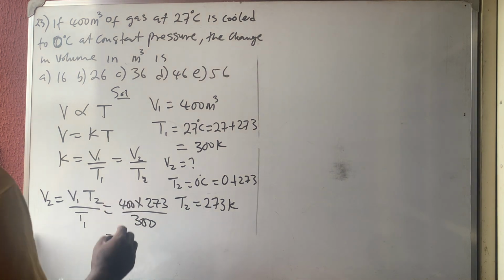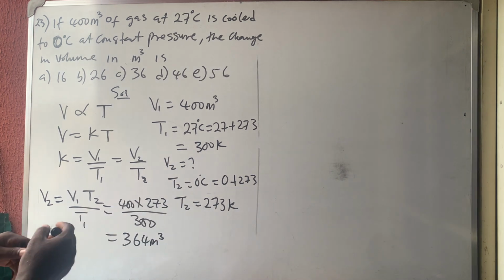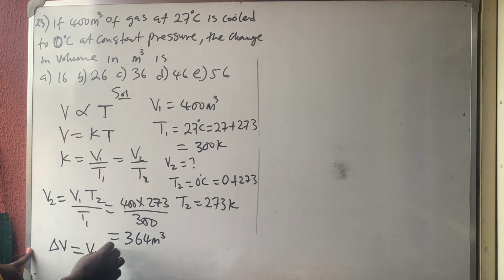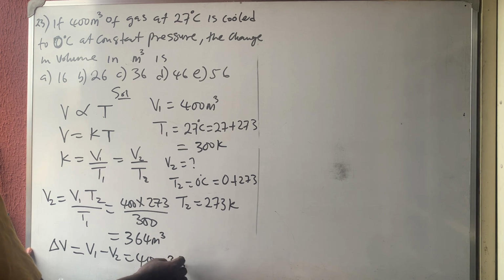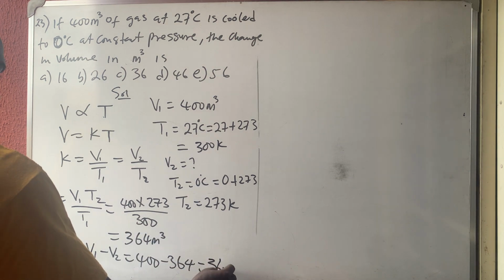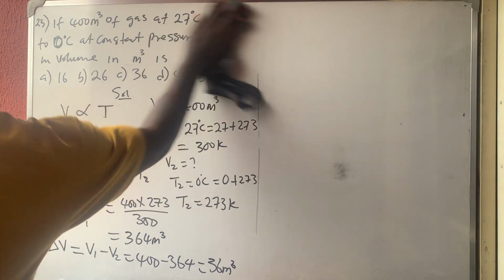I'm having 364 meter cube. But they're talking about the change. The change in volume is now V1 minus V2, which is 400 minus 364, which is 36 in meter cube. So 36, option C, is very correct.